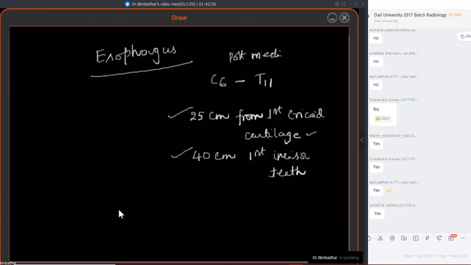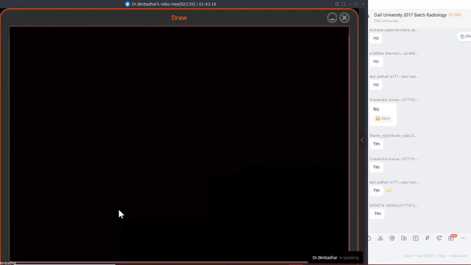So ignoring the oral cavity and the oropharynx, we generally look at the esophagus along this length, but we can also use the full 40 centimeters, which technically doesn't matter. Now, the esophagus has three portions.